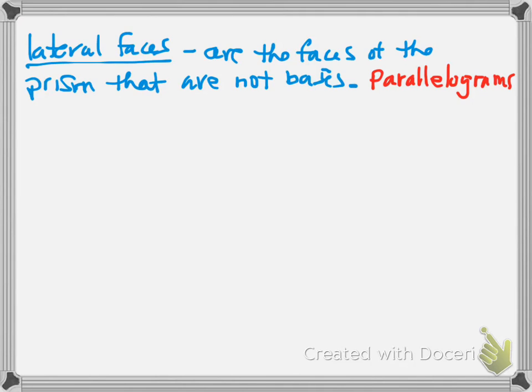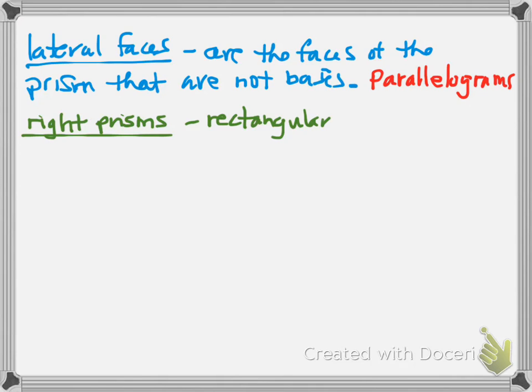Okay, so we have two different types of prisms. And the most common one, and the one that we have formulas for, are right prisms. And right prisms have rectangular lateral faces. Okay.